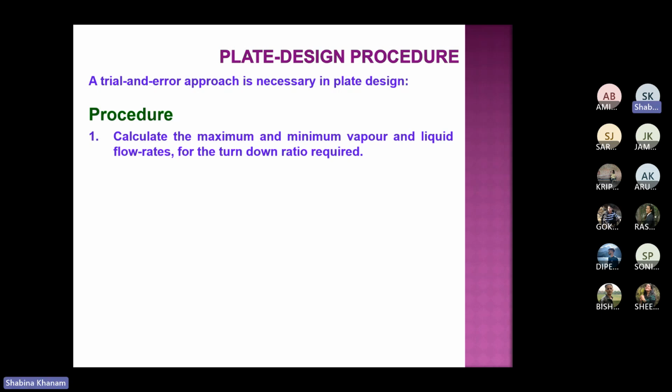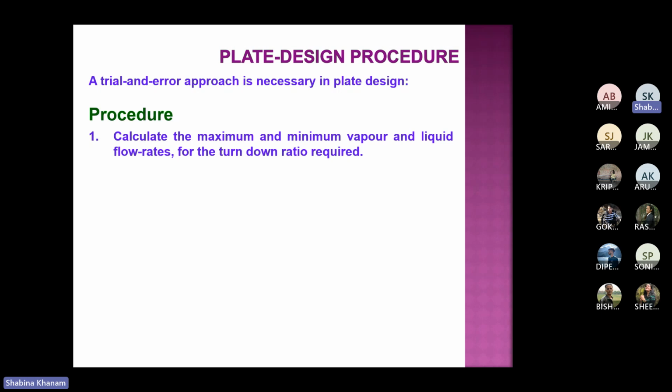Whatever flow we are given, vapor and liquid, we usually consider as the maximum flow. Okay, so what should be the minimum flow? We calculate that considering the turn down ratio. Turn down ratio is basically the ratio of maximum flow to minimum flow.